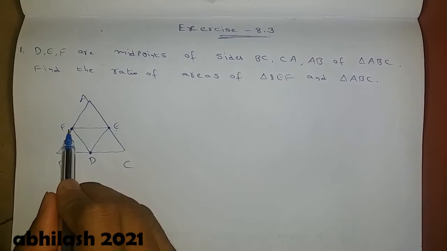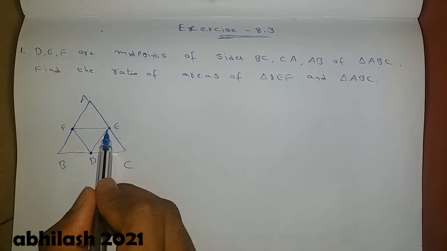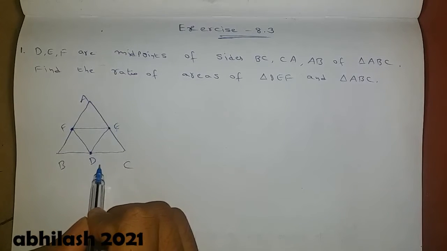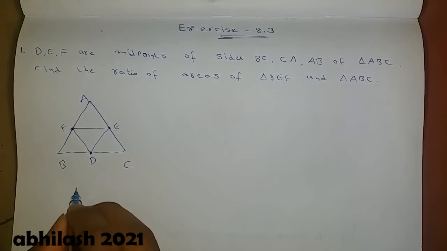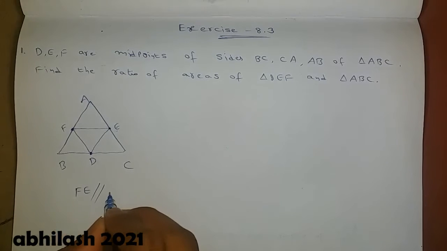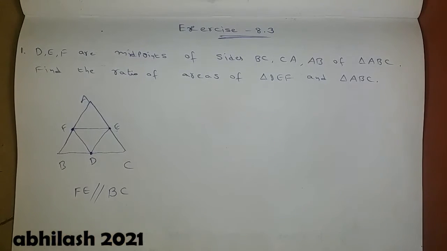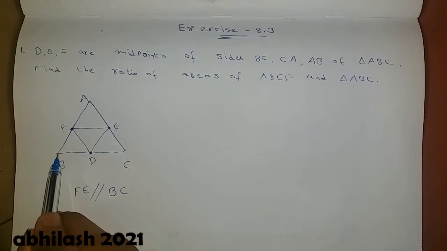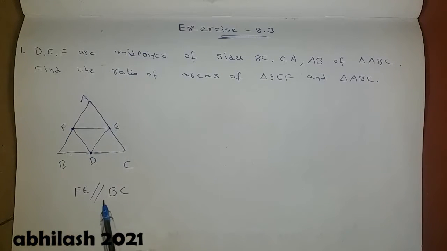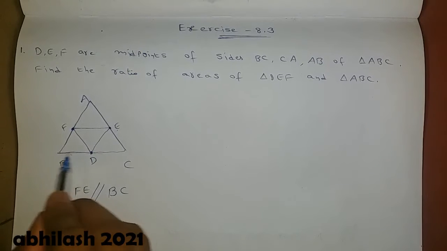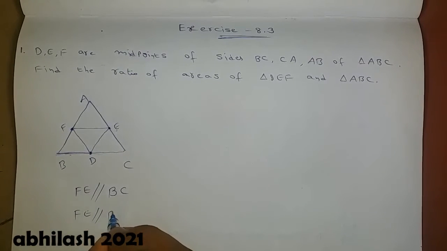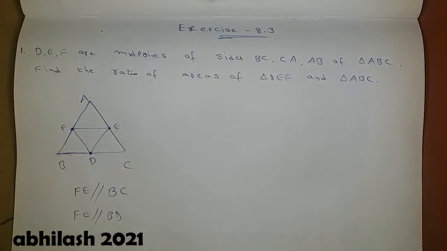Here F and E are both midpoints, and this line FE is joining them. So FE is parallel to BC. If FE is parallel to the total line BC, then obviously it is parallel to the half line BD also. So FE is parallel to BD.